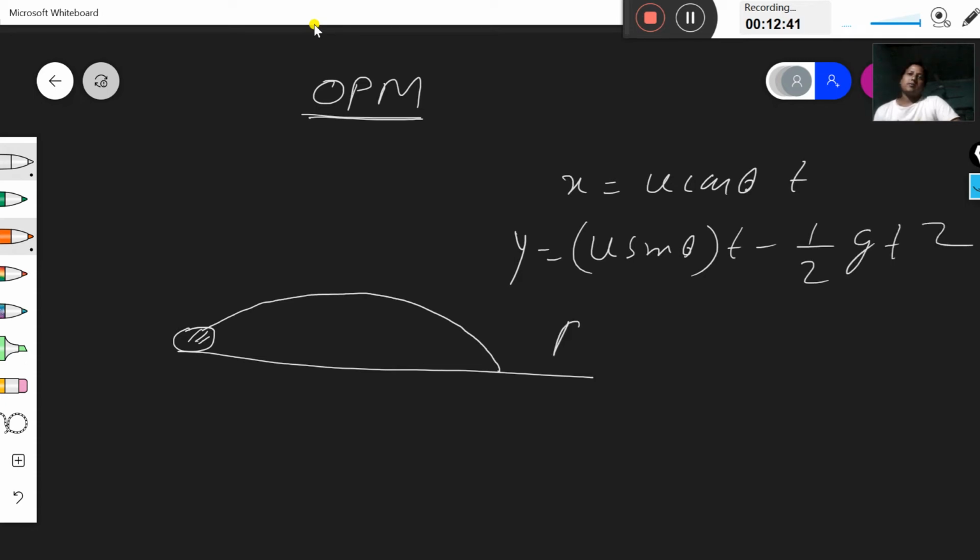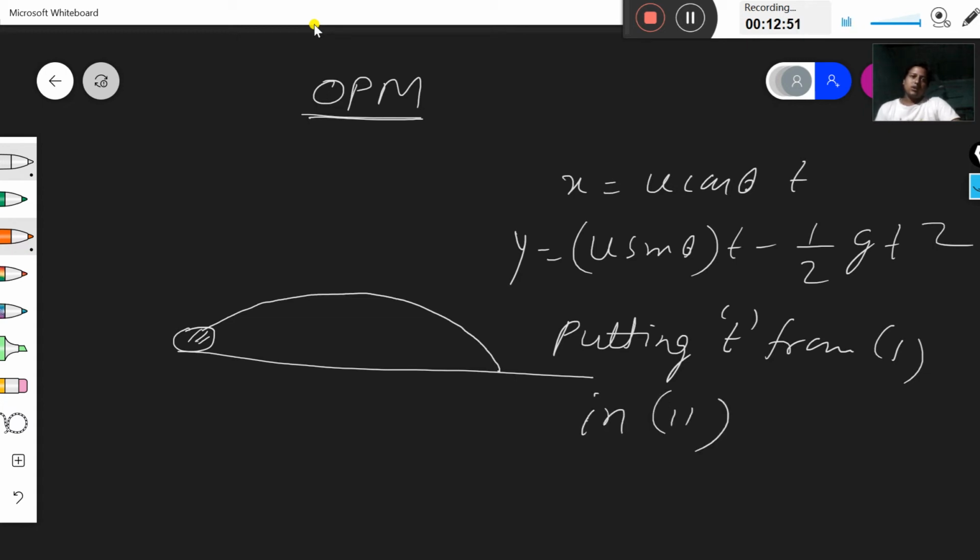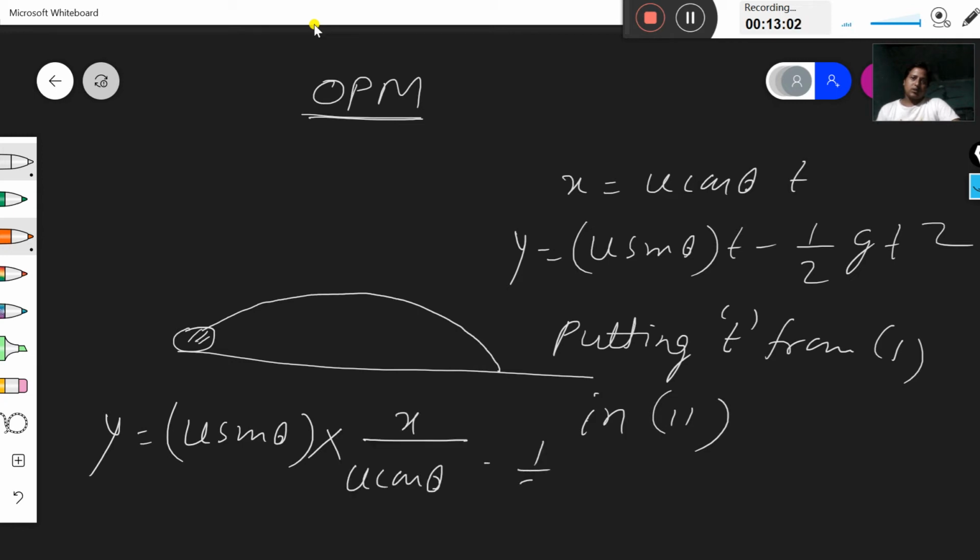Putting t from 1 in second, we get y equals to u sin theta and t is replaced by x over u cos theta, minus half g x over u cos theta whole square.